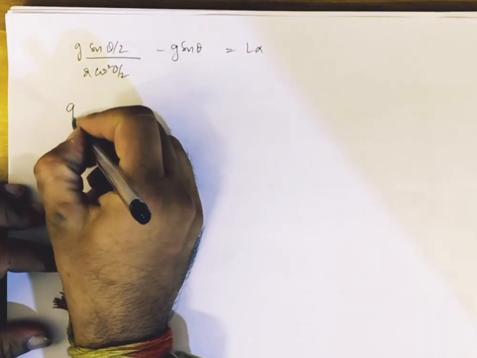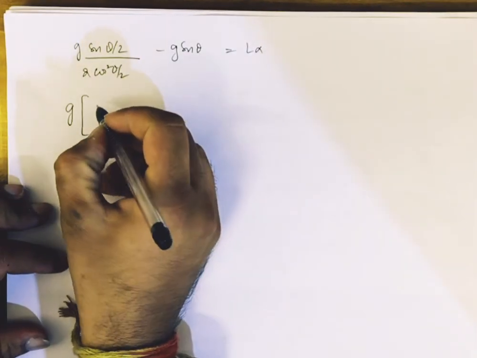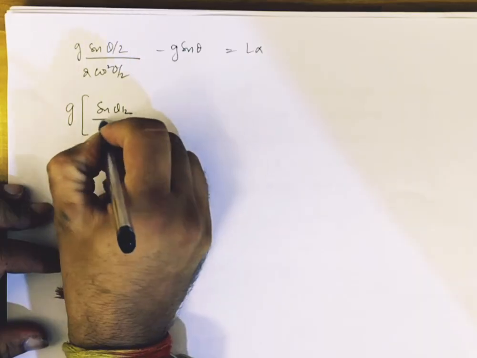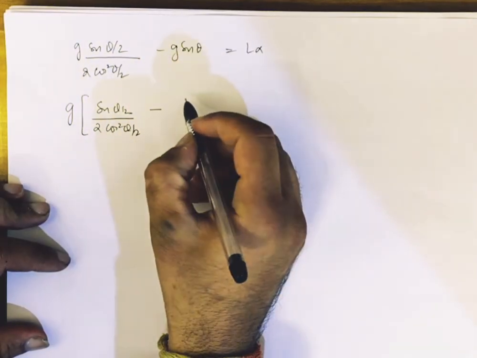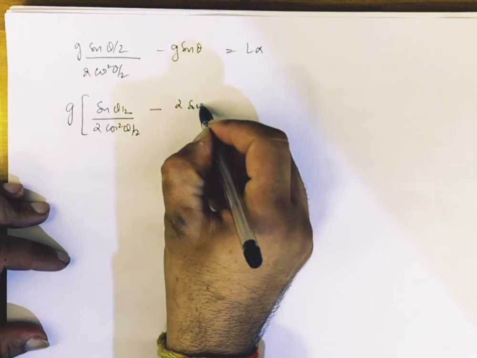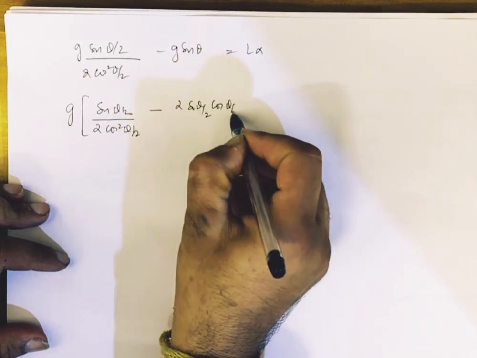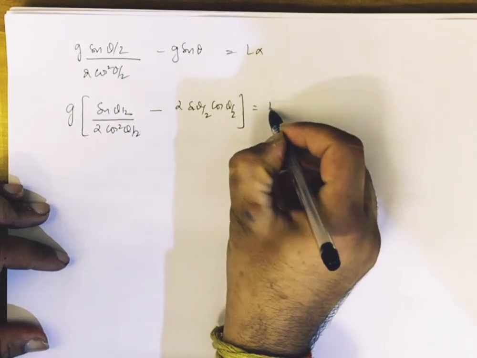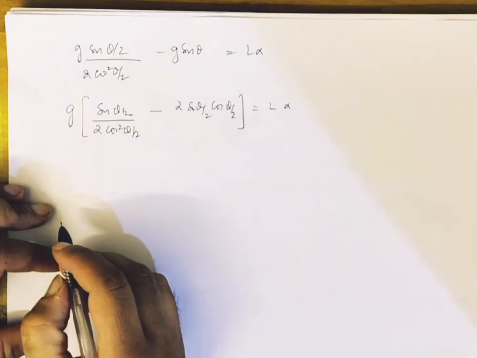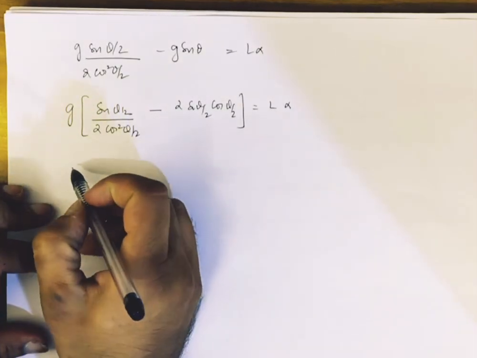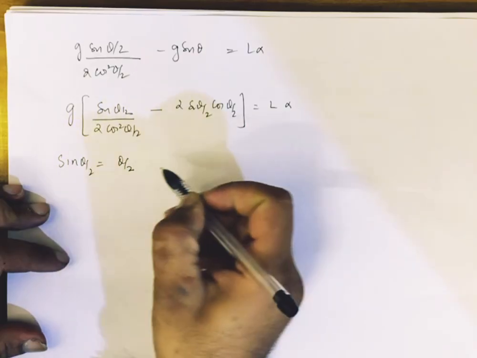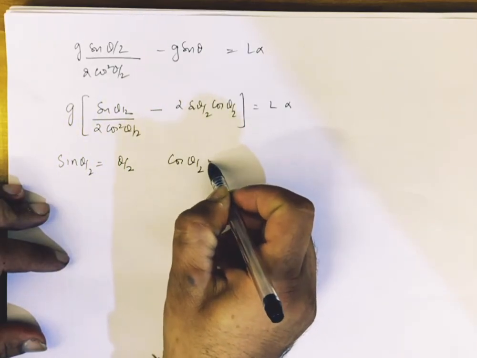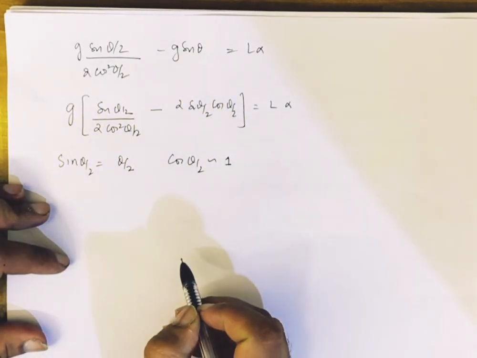Now I can take g common. This sin theta by 2 upon 2 cos square theta by 2, minus 2 sin theta by 2 cos theta by 2, like this I can write. Now since the angle is given very small, I can take sin theta by 2 as theta by 2 and cos theta by 2 almost 1, because angles are very small.